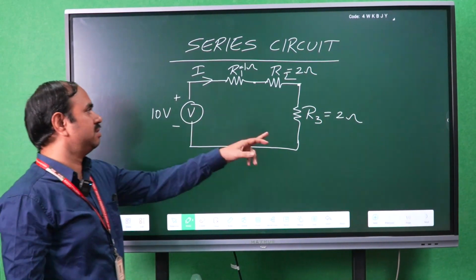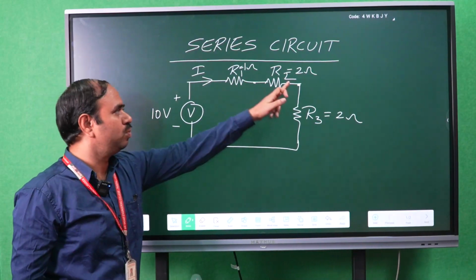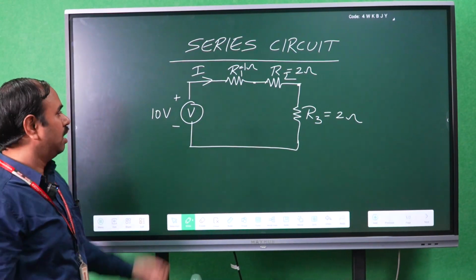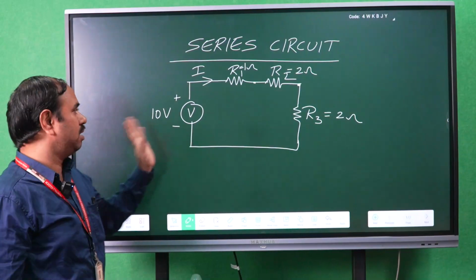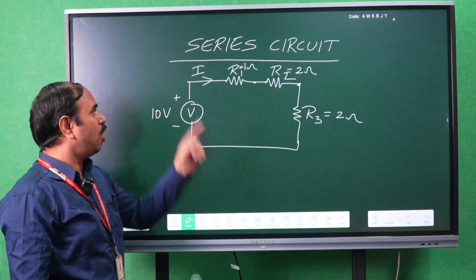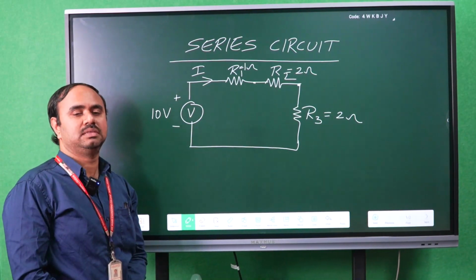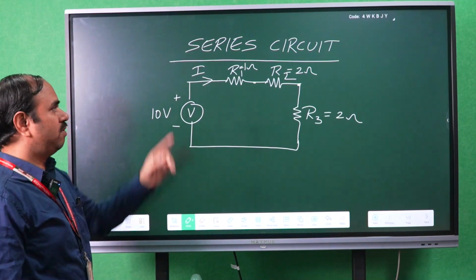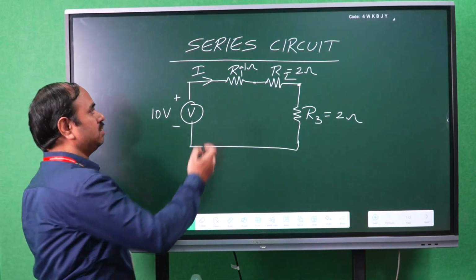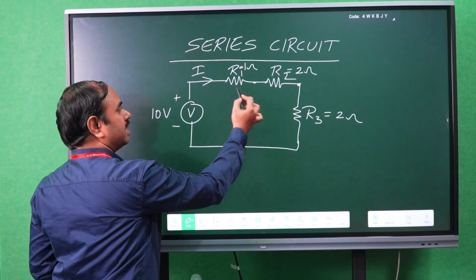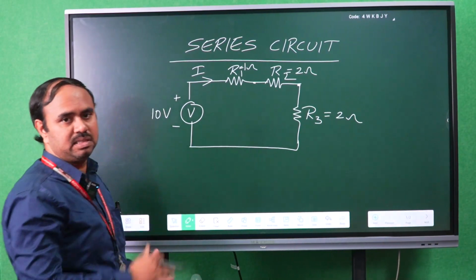So these are the three resistances having 1 ohm, 2 ohm and again 2 ohm, and the voltage source I mentioned is 10 volts. So how much current is flowing in the circuit? First of all, this is a series circuit. Why? Because, as we already discussed, all the resistances are connected in series.